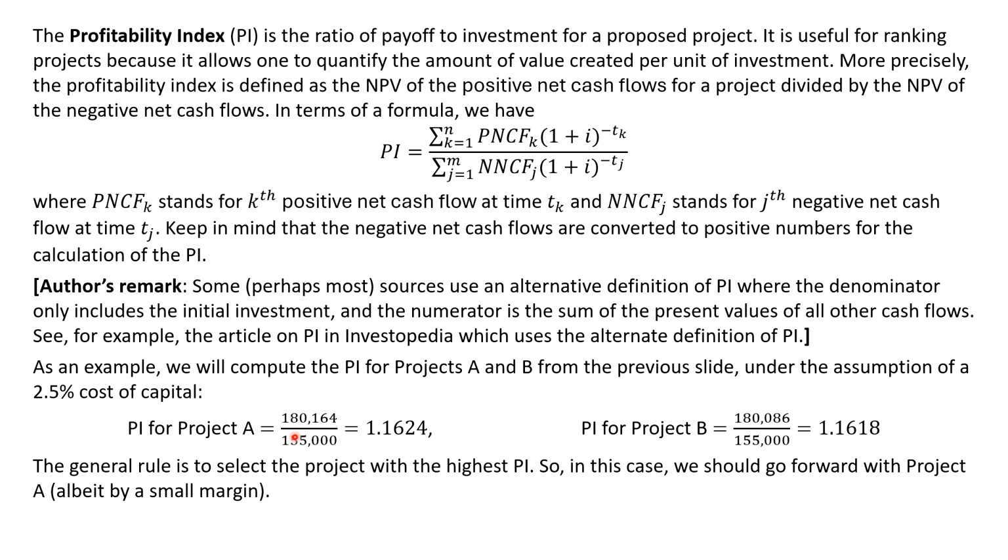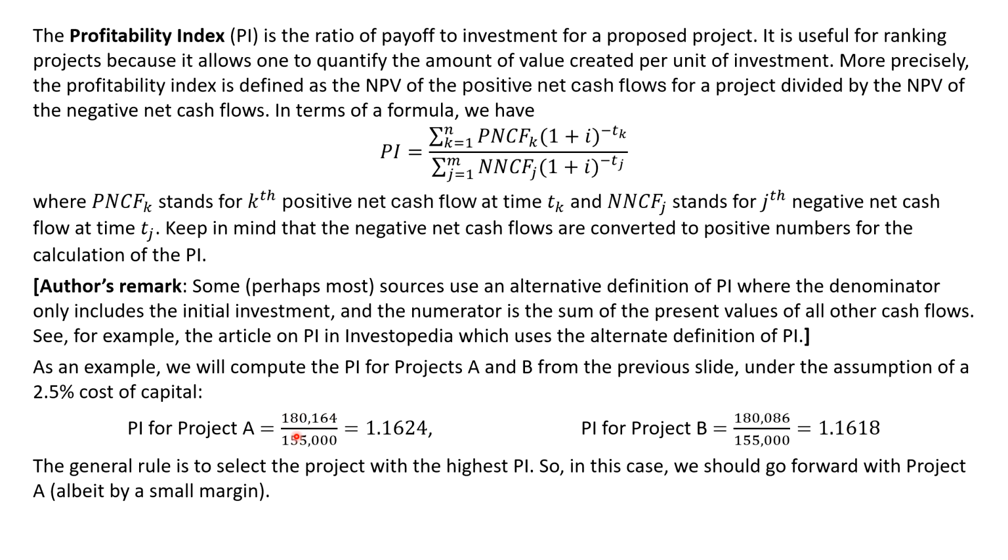We do the project A computation first, and you notice that we had that initial investment of 155, and I made that a positive number. And then we did the NPV for all the positive net cash flows, which we have on the top here.